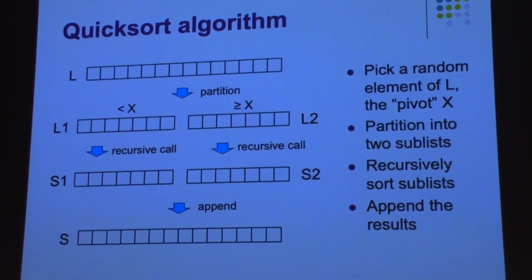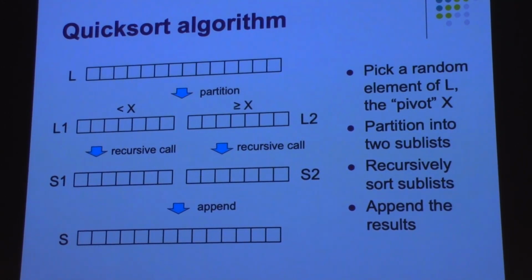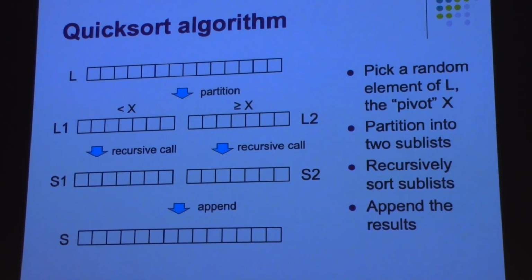And on average, L1 and L2 will be about half the size. Not exactly, because it depends on these values. But if we have some kind of unordered list, it'll be typically half and half, around that. And then I do a recursive call to Quicksort. L1 gives me S1, which is a sorted list. And L2 gives me another sorted list, S2.